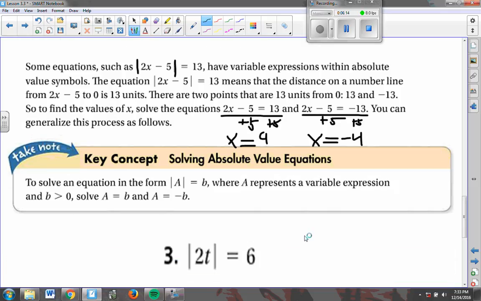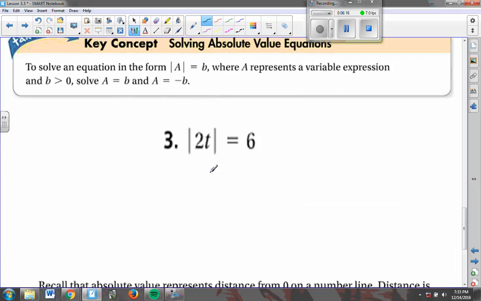So here's one for you to try. It's a nice easy one, but already the absolute value stuff is alone, so you can just split right away. Two answers. Go ahead and find them, please.